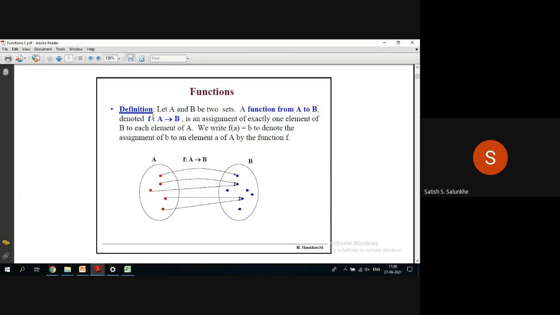In terms of R, we say A related to B. A has function F to set B. So it is an assignment of exactly one element of B to each element of A. That is, we write f of a equals b to denote the assignment of b to an element a by the function f.